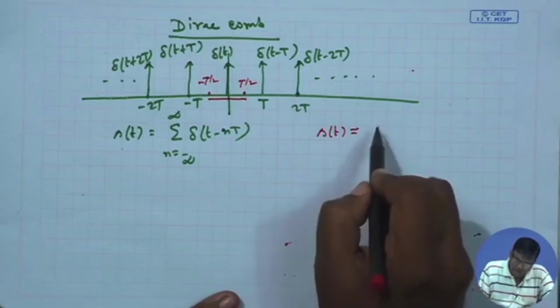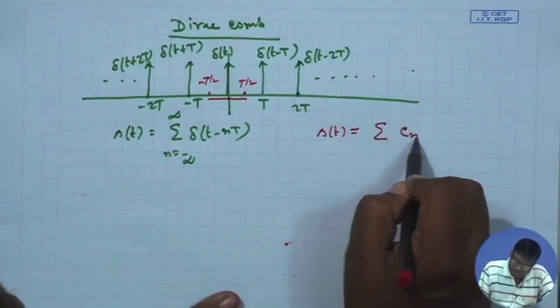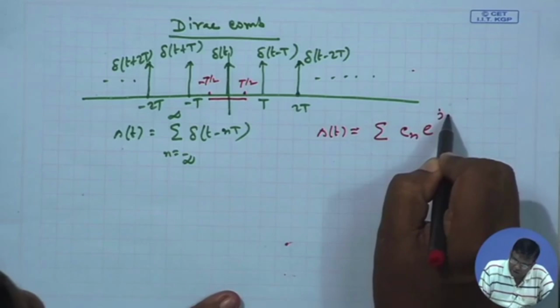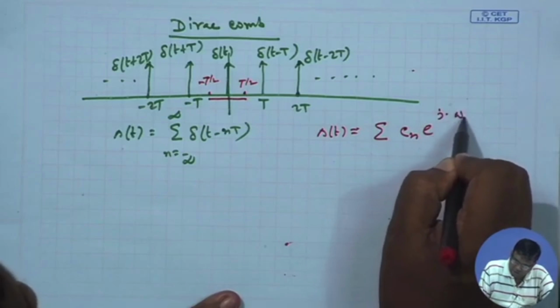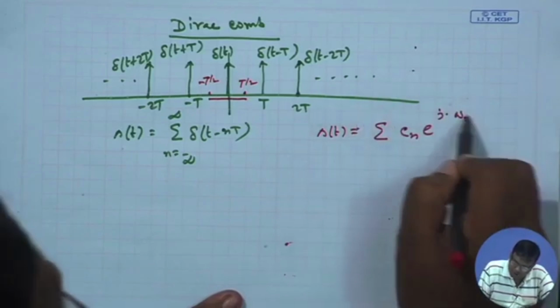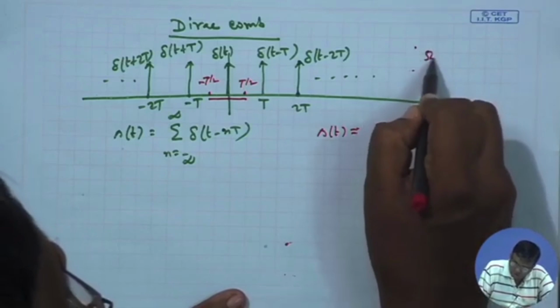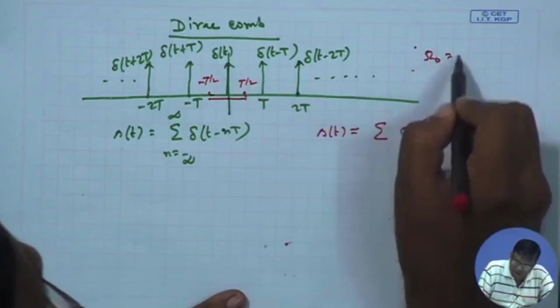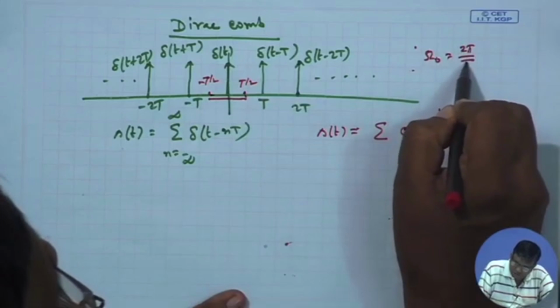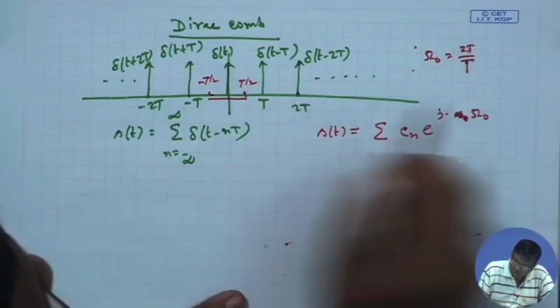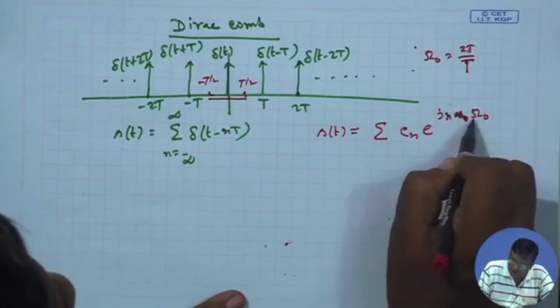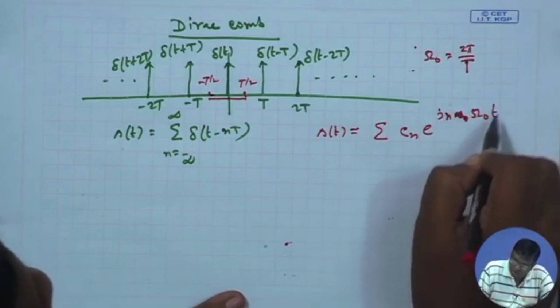S(t) will be a summation of complex sinusoids, where the basic frequency, called the fundamental frequency, is capital omega naught, equal to 2 pi by T, and for the nth harmonic it is n times this, multiplied by time.